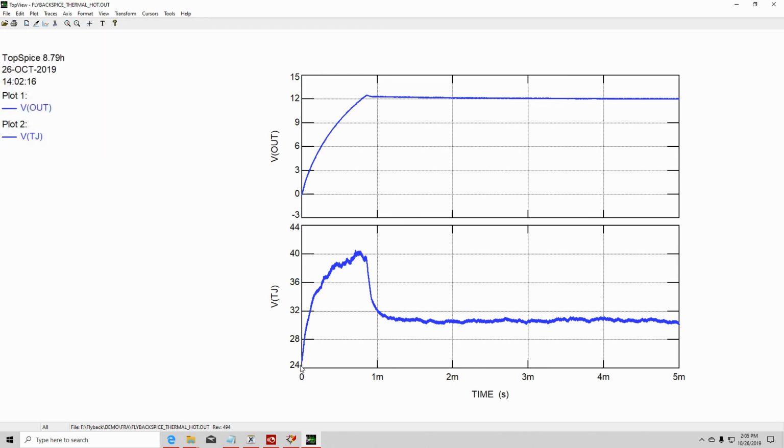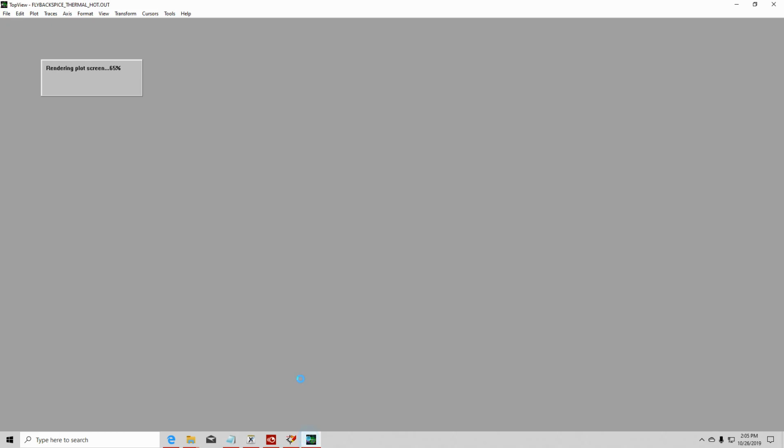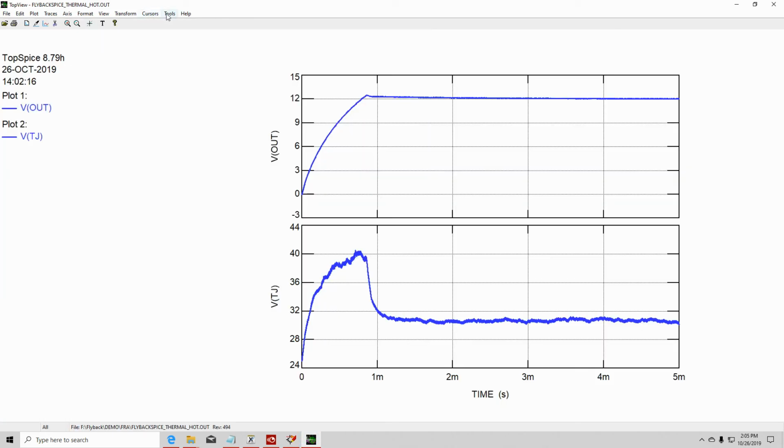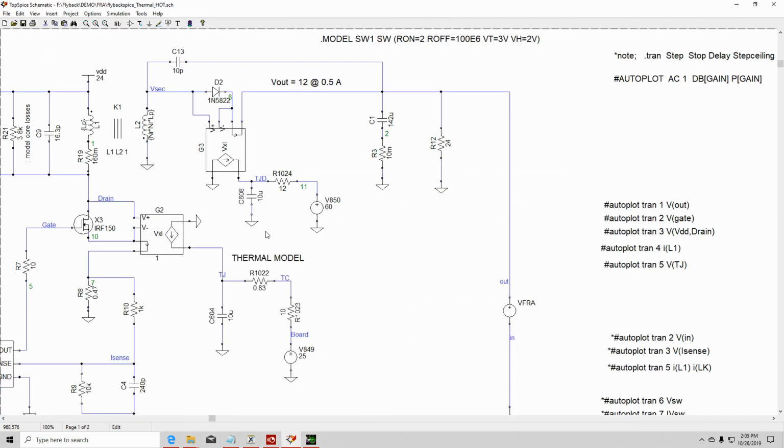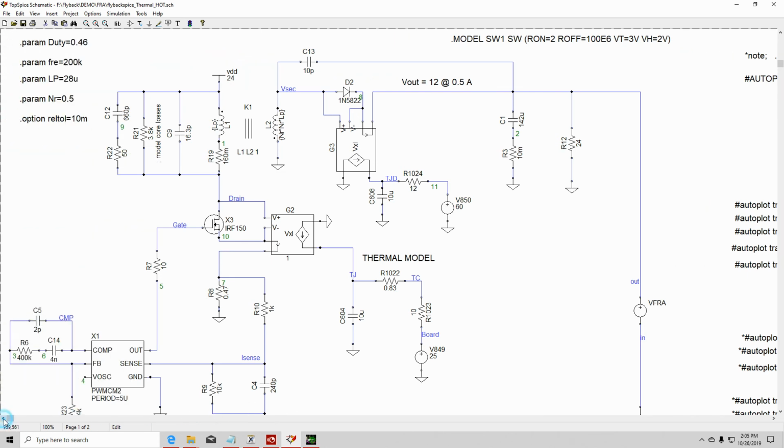Okay, so we started at 25, room temperature, and it's about 30. So that's good. So now let's go ahead and, instead of, we'll leave it open. Okay, so now let me change the turns ratio to 0.1.